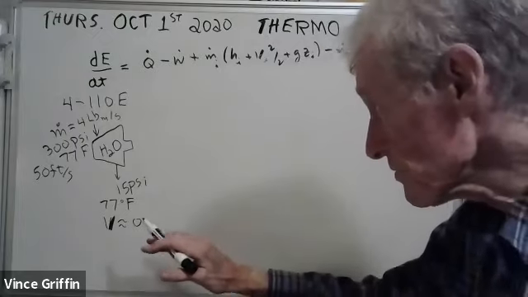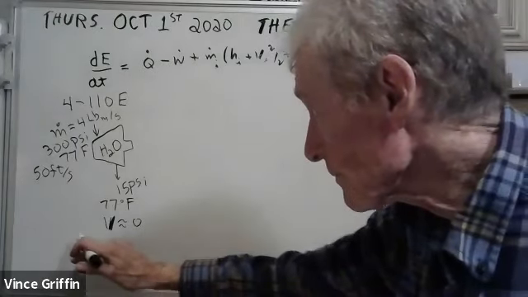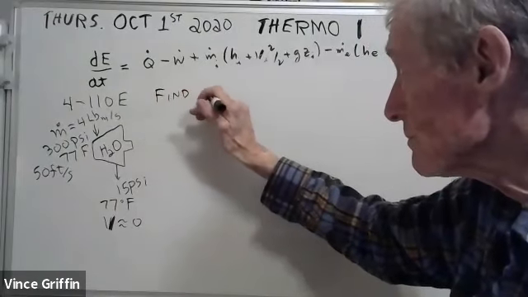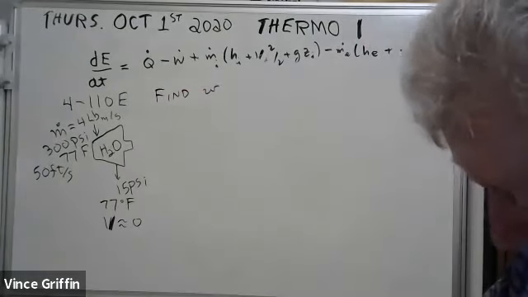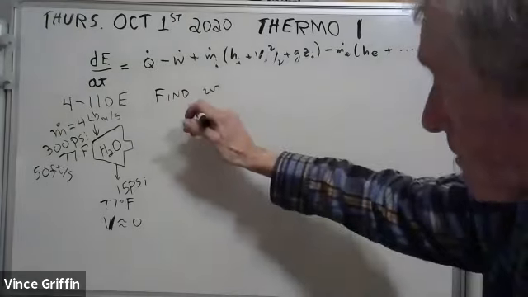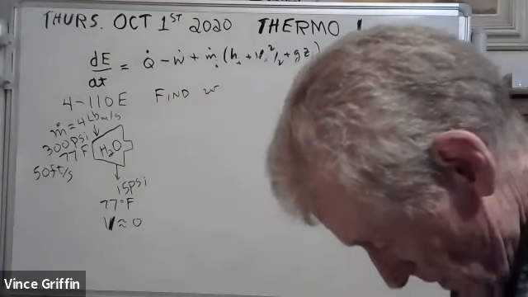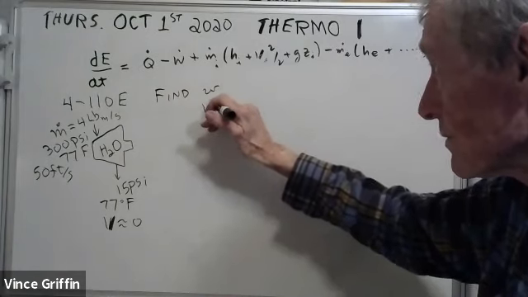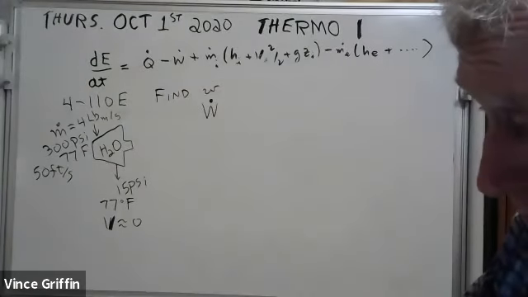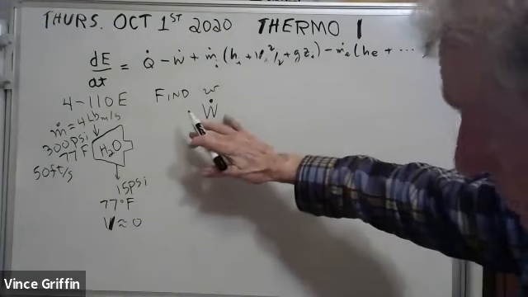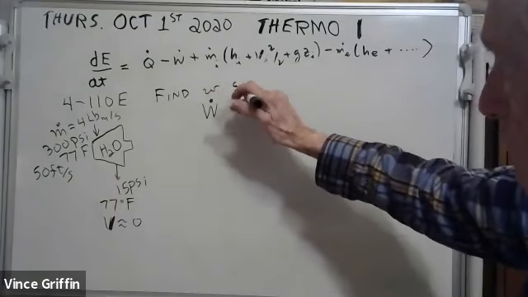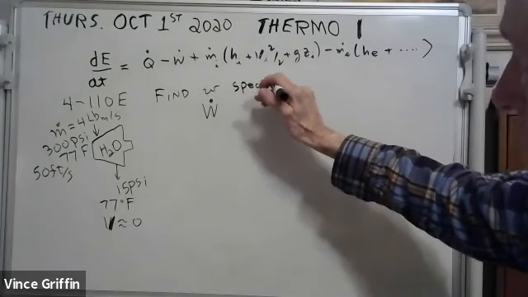Same problem. They want us to find the little w and the power. They want the little w and the big W dot. They call this the power, and they call this specific work.